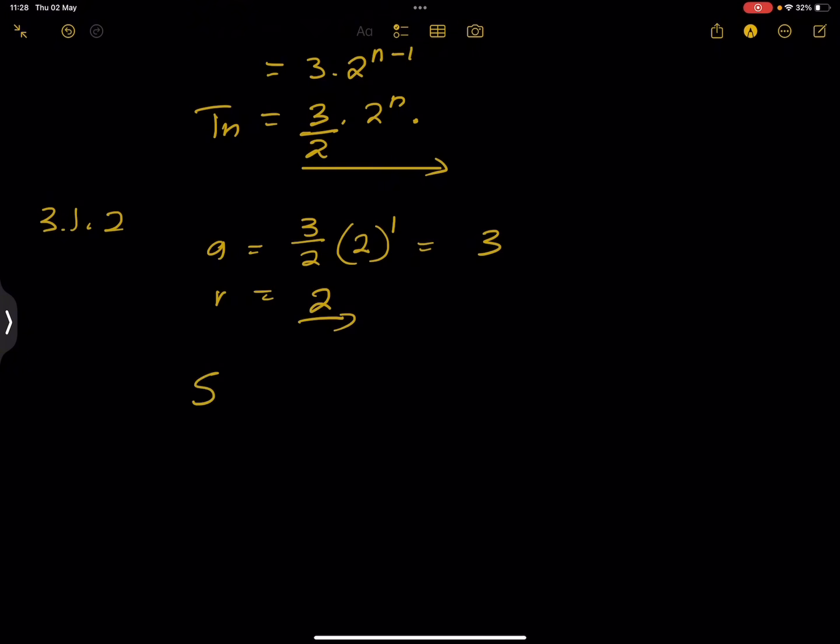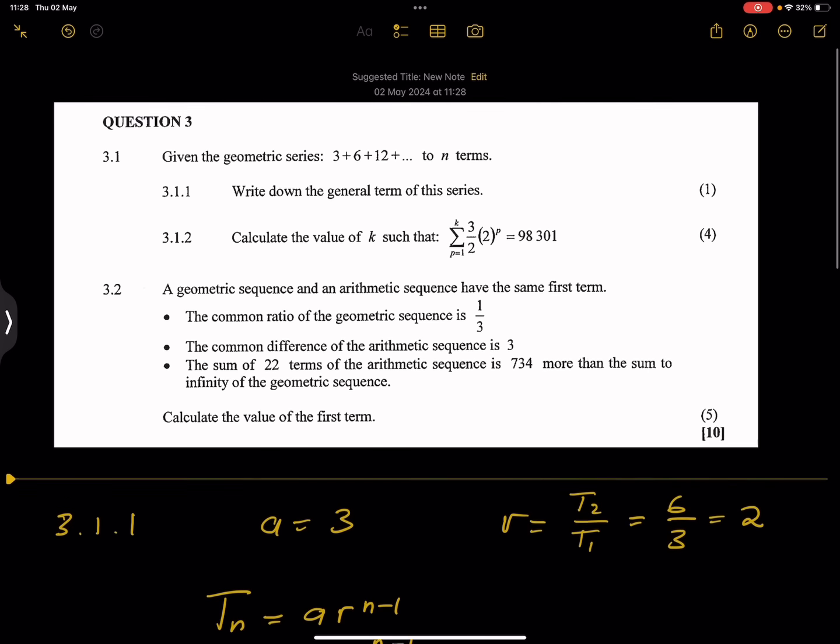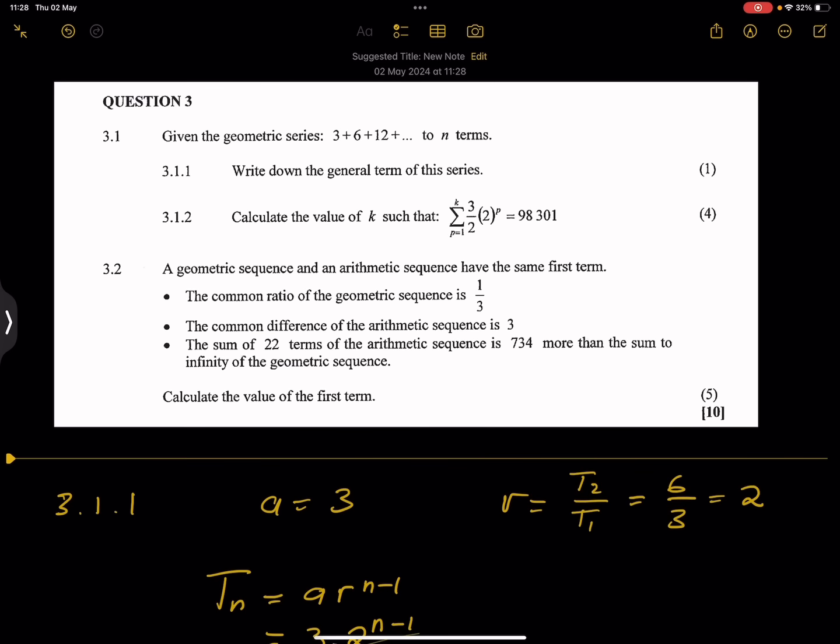So remember, for a geometric series, Sn is equal to a into r exponent n minus 1 divided by r minus 1, right? But we know this should give us 98,301. Now we need to first see, in this case, we're starting from p equals 1 all the way to k, and we're looking for the value of k.